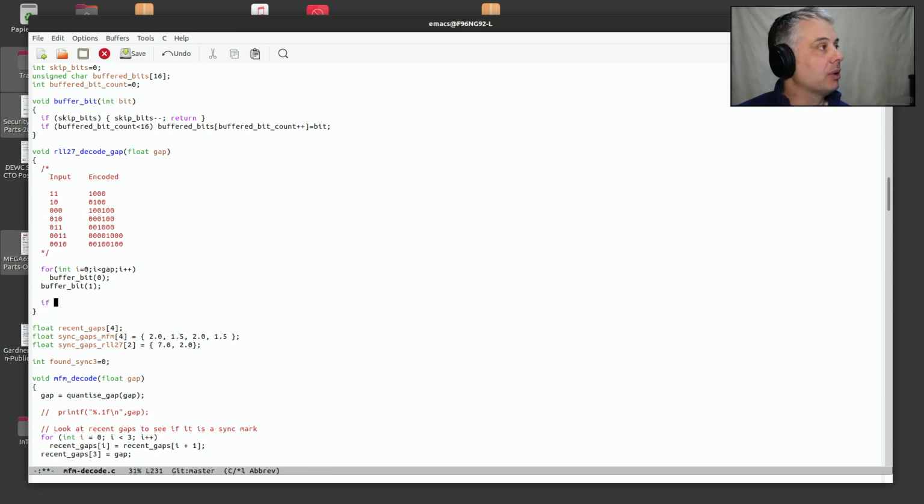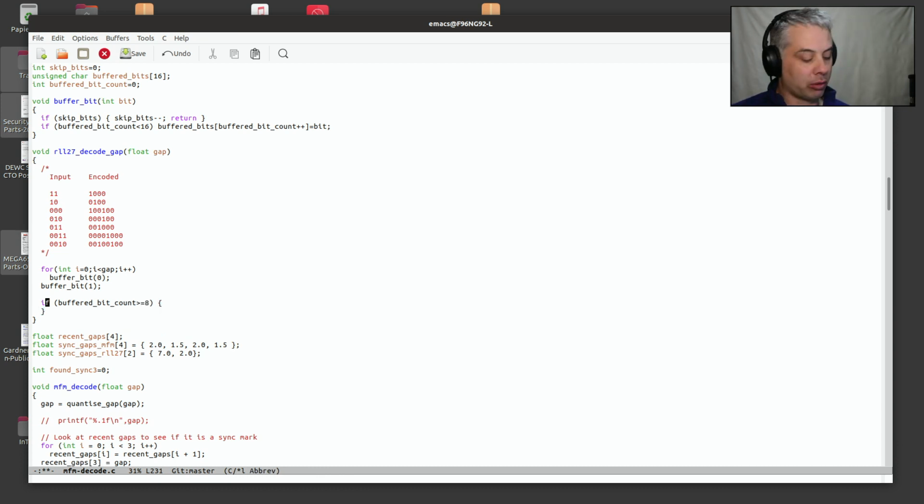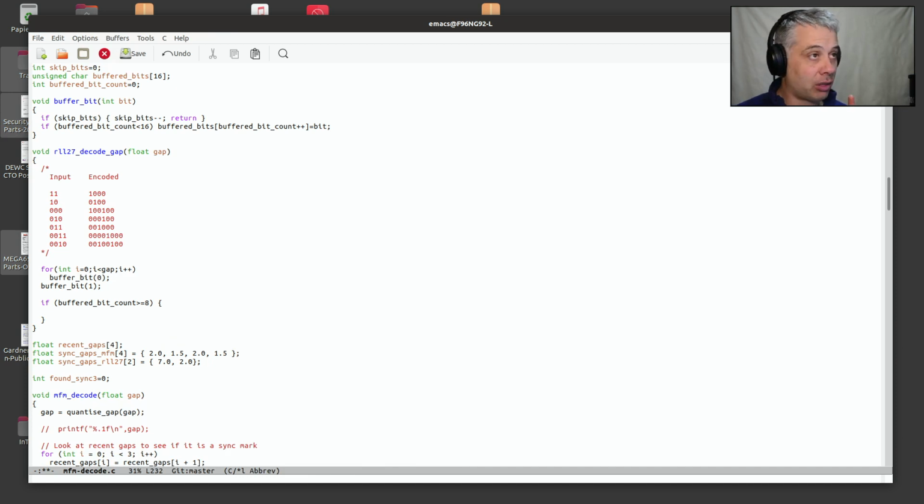So if buffered bit count is greater than or equal to 8, we can look for those longest ones. You should always look for the longest matches first. This is part of how the RLL decoder works.